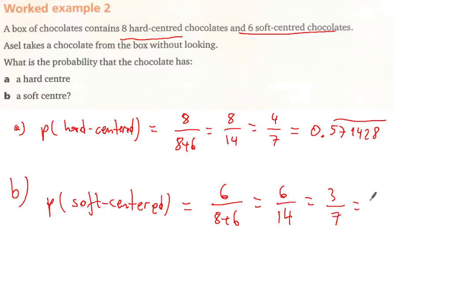And 3 over 7 is 0.428571, repeated. All right, that was it.